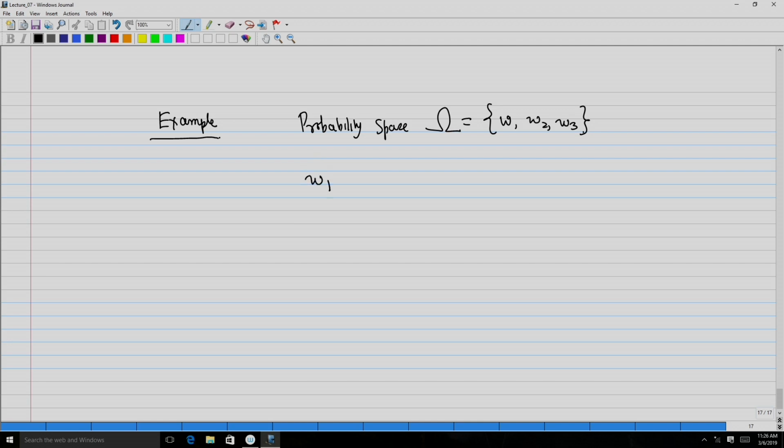So, we identified omega 1 as the situation when there is economic recession in the market. Omega 2 is going to be economic stagnation, and omega 3 is a situation when there is economic boom.